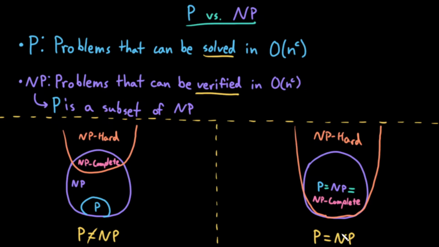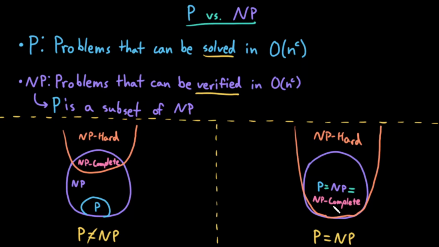If P equals NP, so in other words, if every single problem that can be verified in polynomial time can also be solved in polynomial time, that would mean that NP is a set of problems that can be verified in polynomial time, and P equals NP, so every single problem in this space can definitely also be solved in polynomial time.